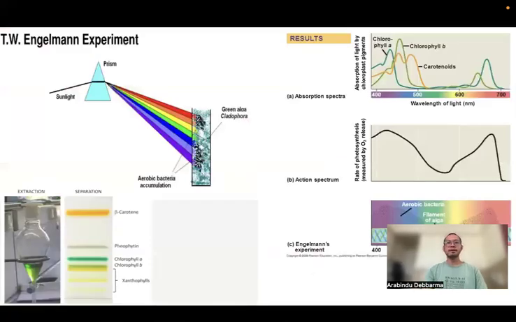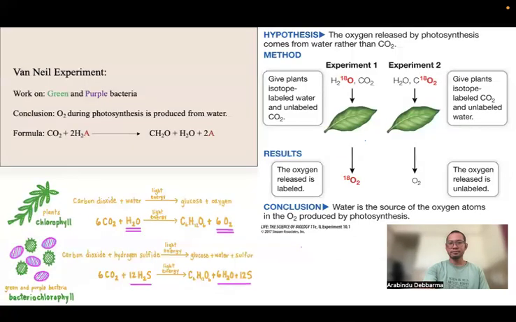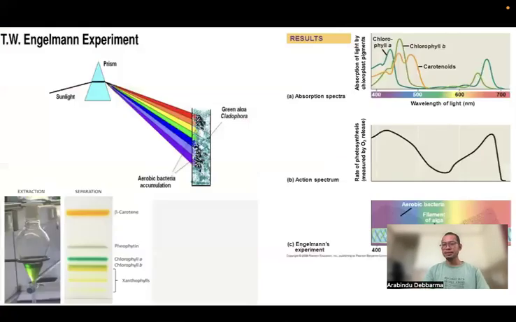So the next experiment was carried out by Engelmann, also called the Engelmann experiment. Here, Engelmann wanted to know which particular light rays, or wavelength of light, is majorly responsible for photosynthesis.